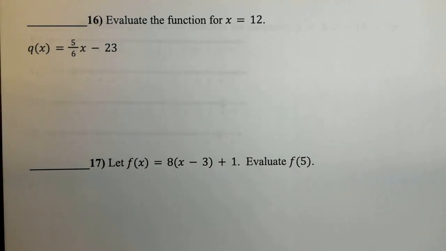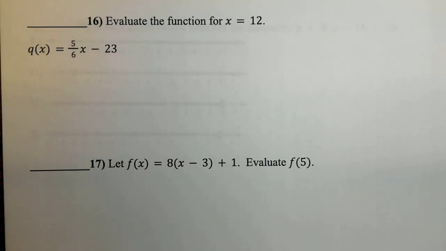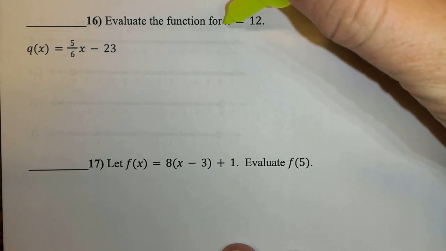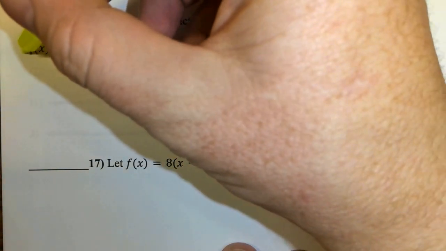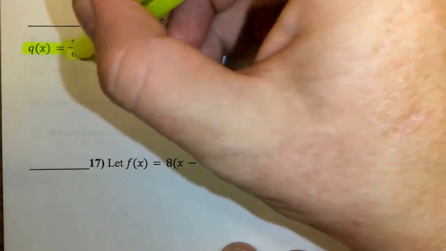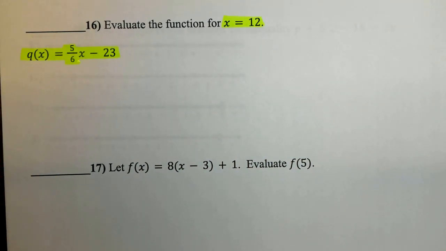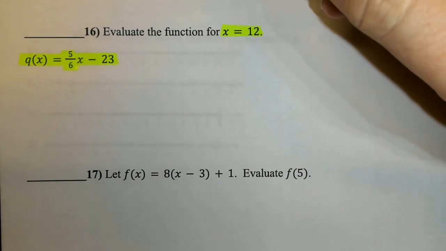Moving on. 16, look, same exact thing. I'm just getting some number. So evaluate the function for x equals 12. Here's my function right here. So I'm going to do the same thing that I just did.